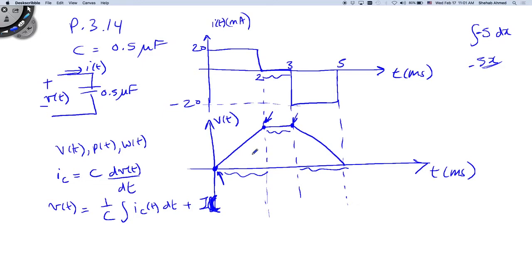So they also want p of t. p is just the multiplication of these two together. This is a fixed number, and this is a ramp. So it's going to take this ramp and scale it. Every value here will be multiplied. You take this number and this number, multiply them by each other, and draw this.